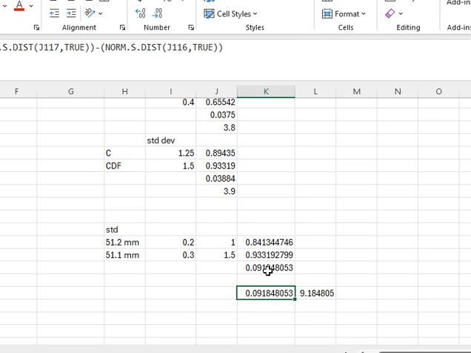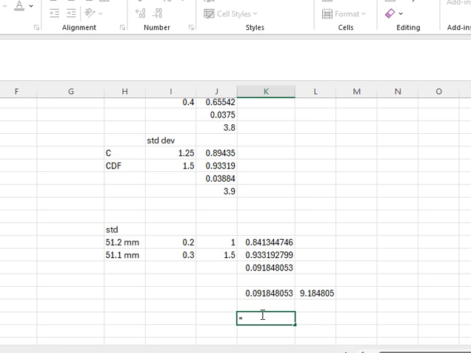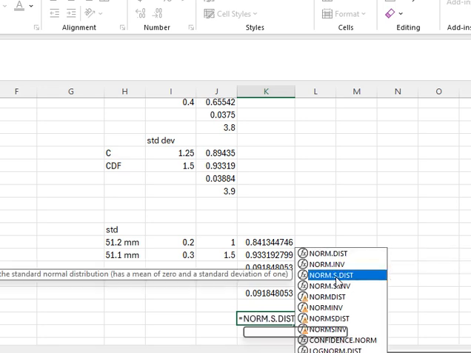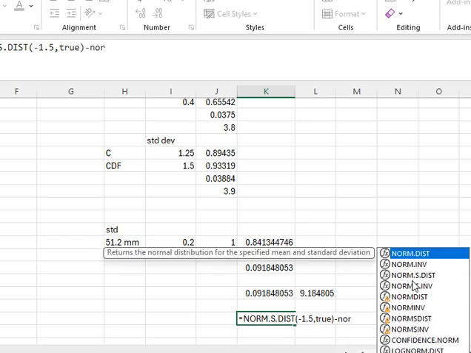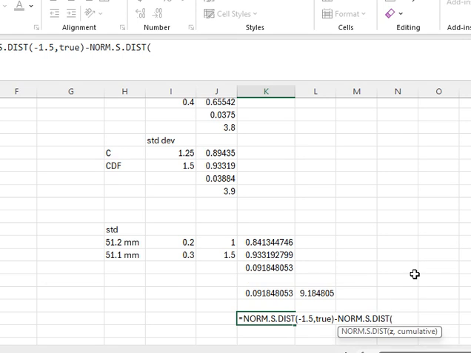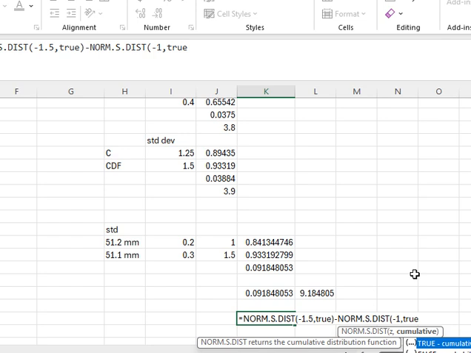It's a little bit tricky the way you handle the negative, and I can show you. If you want to use a negative value for the norm, you go from -1.5, then true, then minus, and then you do the NORM.S.DIST here and another one, which is this guy.